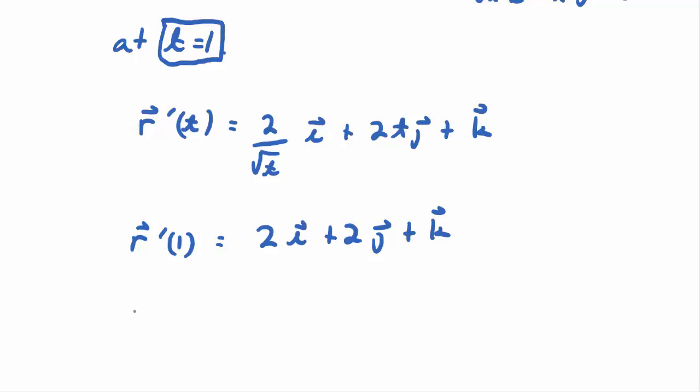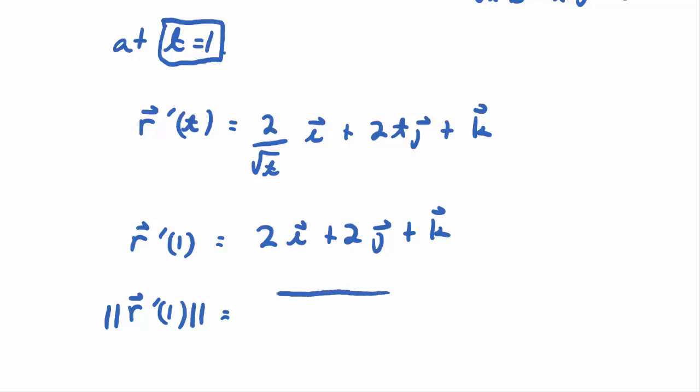Now, believe it or not, we're almost done. To find T, we just need the magnitude of r prime, and then we'll create that fraction. But since we're evaluating at the scalar t equals 1, we can right away find the magnitude of r prime of 1, create the ratio in terms of r prime of 1, and it makes life easy.